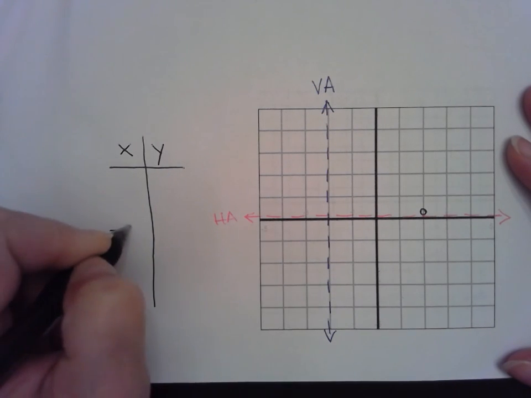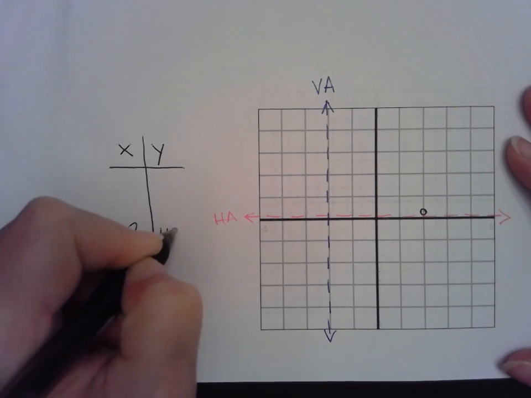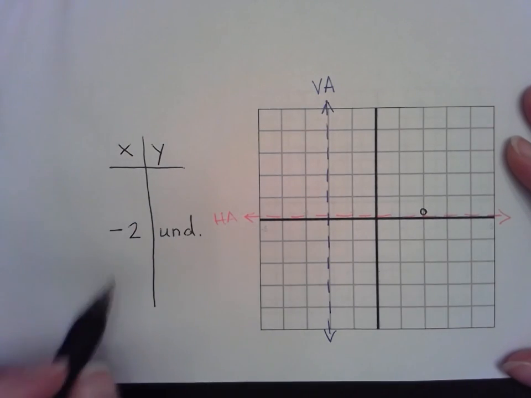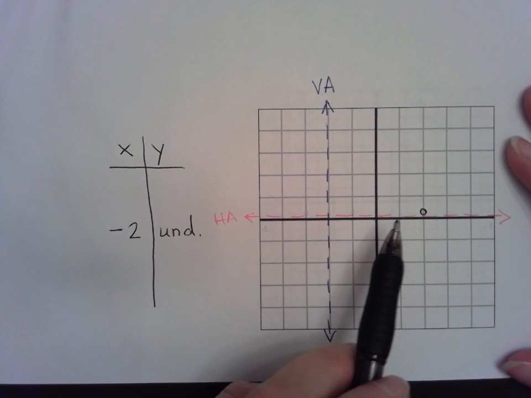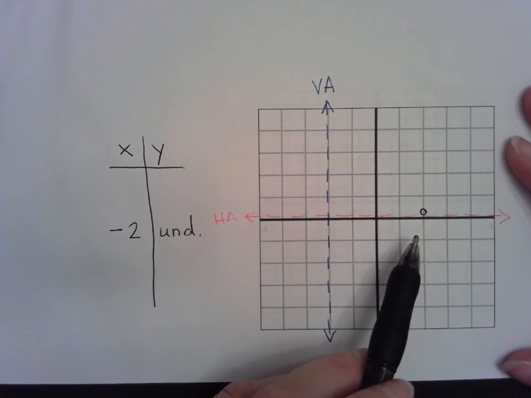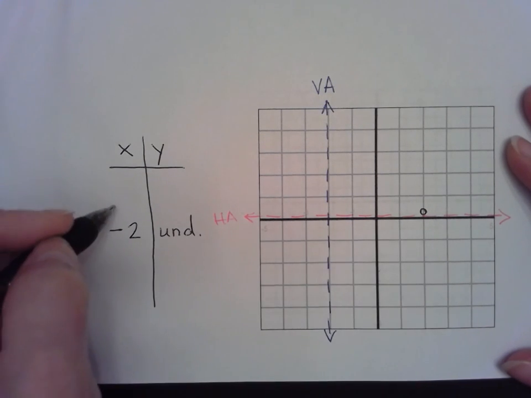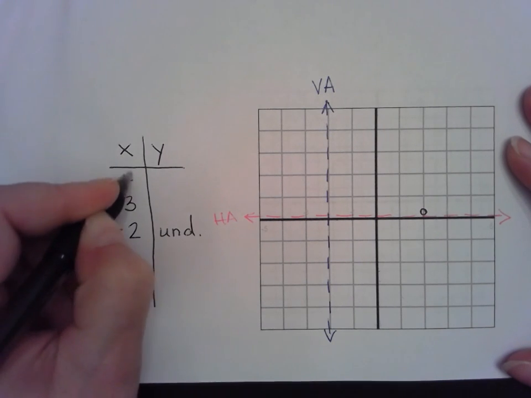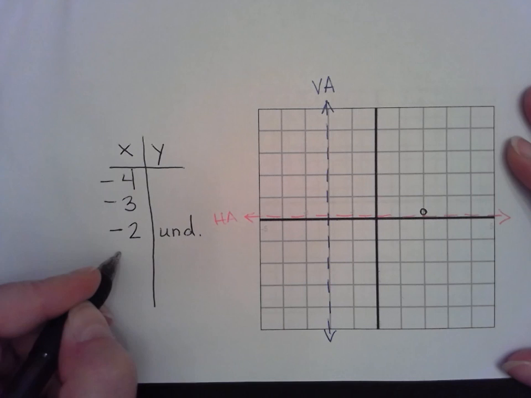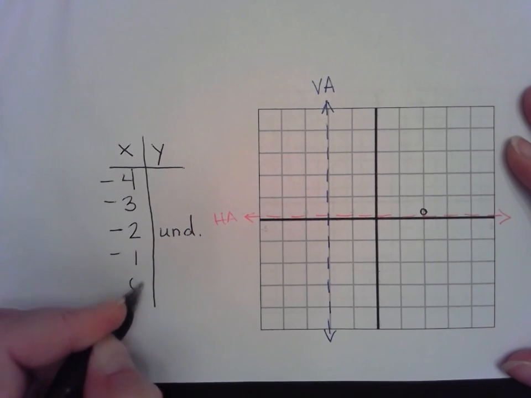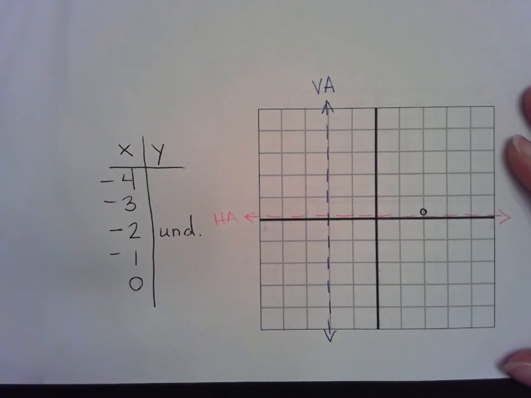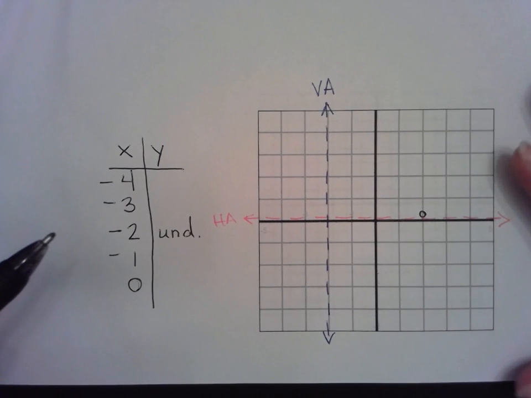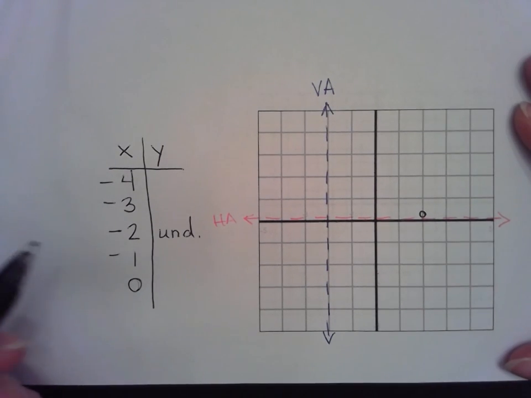I always put my vertical asymptote in the middle because I do have two sides of this graph and I want to make sure I pick points on both sides. So I want to pick a couple numbers smaller than -2 and a couple numbers bigger than -2. Okay, you could always add to this list. This is just kind of a good starting point. If this weren't enough, you could add if you wanted to.